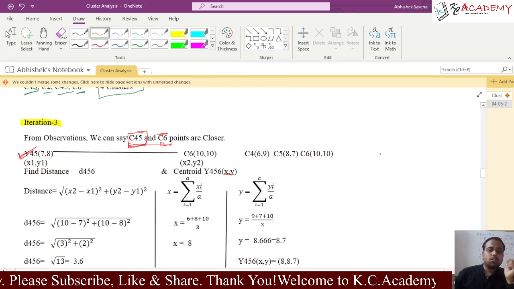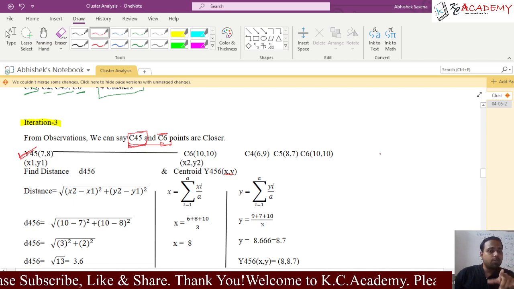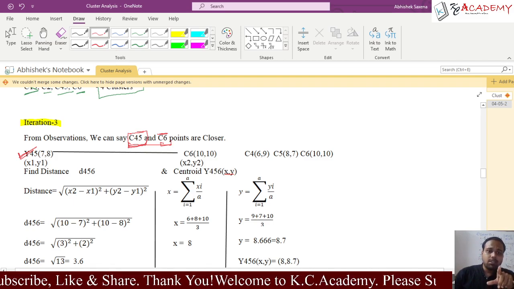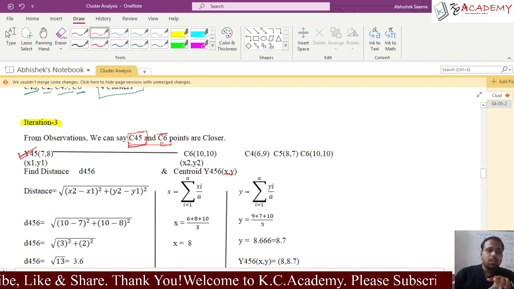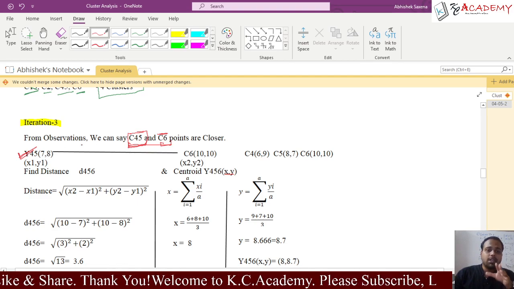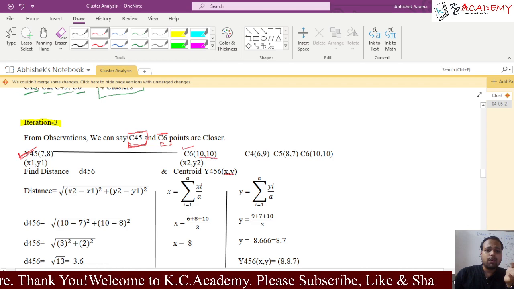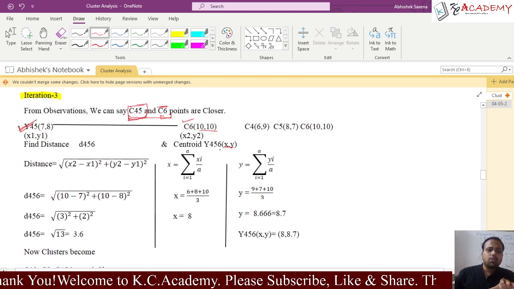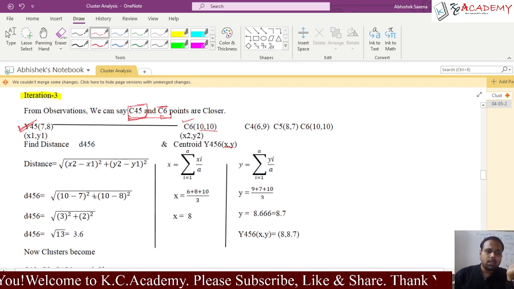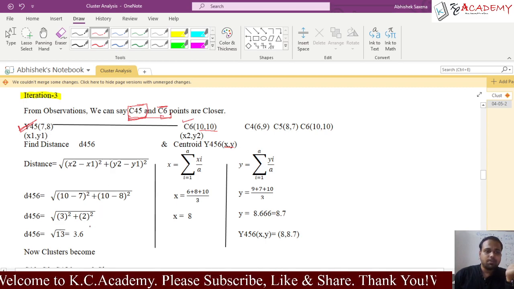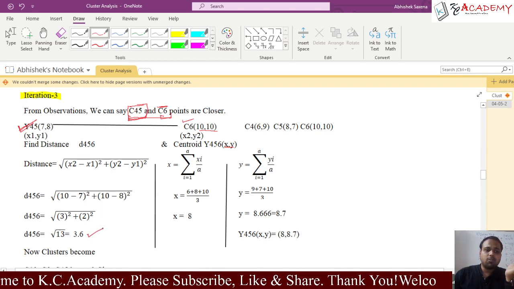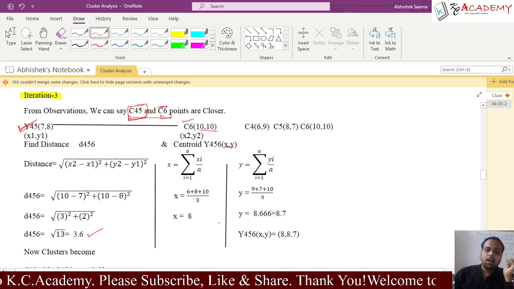For finding distance we have to use only 2 points, so the centroid of 4 5, and point 6, whose coordinate we already know, 10 comma 10. By using these 2 points you can find the distance. No need to explain again, because I have explained it 4 or 5 times. So the distance between 4 5 and 6 is 3.6.